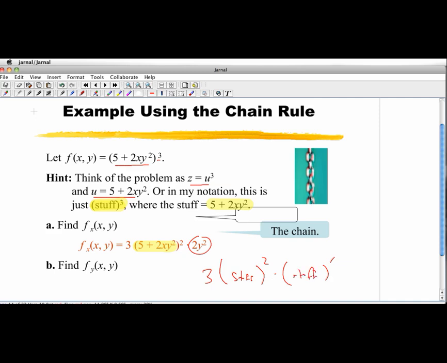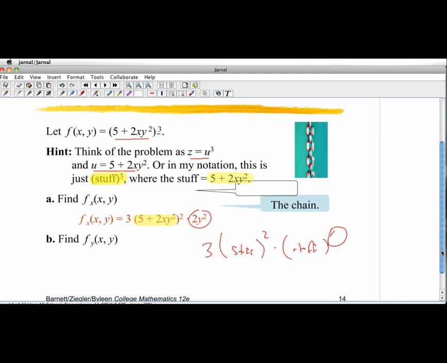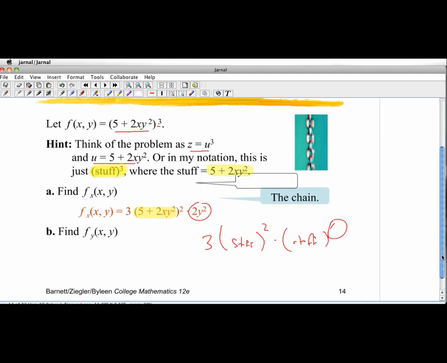And in this chapter we don't tend to use this prime symbol very much, because it's not very specific. It doesn't tell us what the variable should be. But if we can keep in our head what the variable should be, then it's just as meaningful. The prime there means with respect to x in this case.